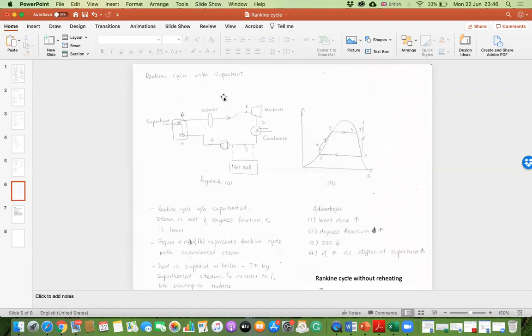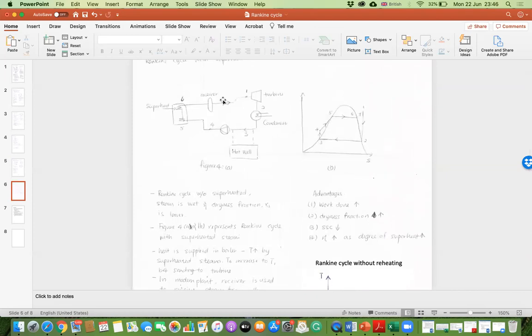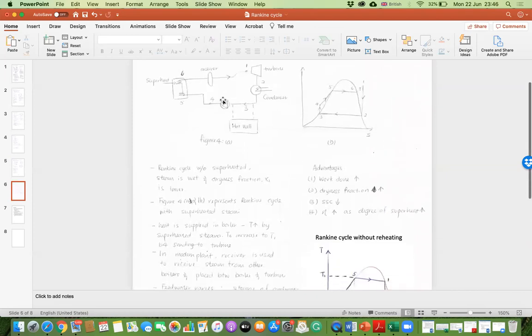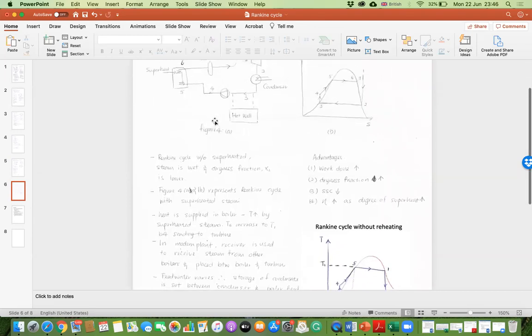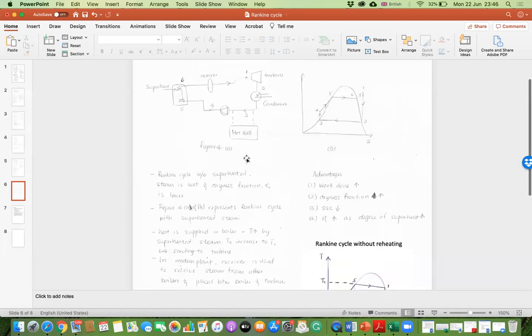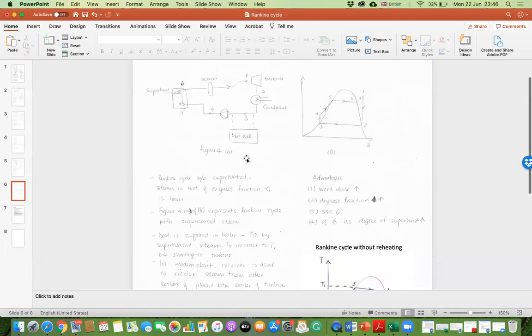Rankine cycle with superheat. Okay. Rankine cycle without superheat, the steam is wet and the dryness fraction X2 is lower.